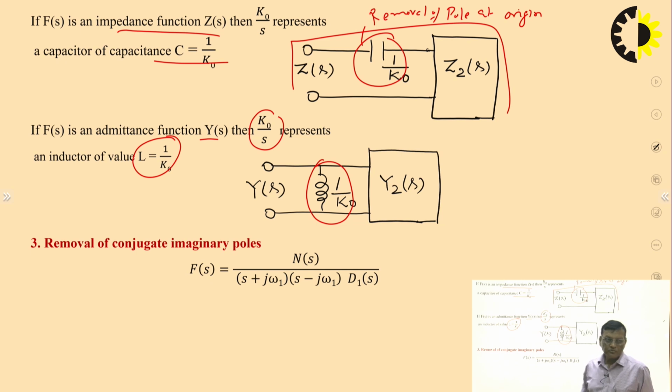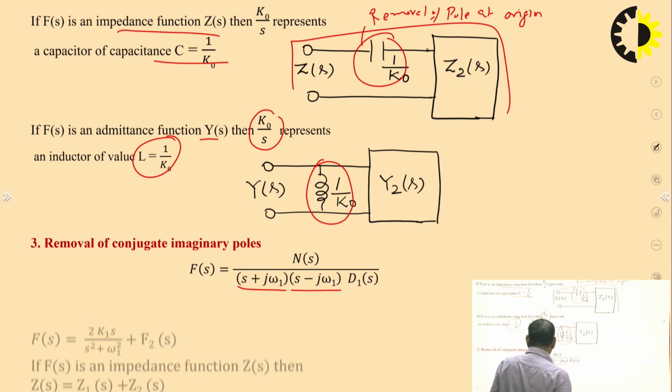Now come to the third technique, which is removal of conjugate imaginary poles. So this is the function having one pair of conjugate imaginary poles at plus minus j omega 1.